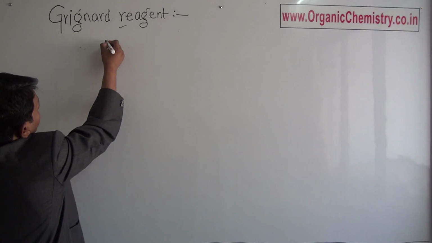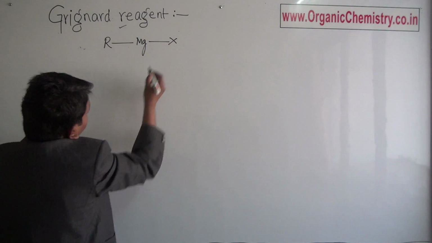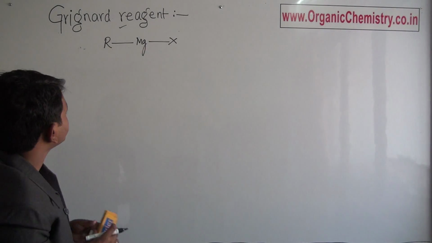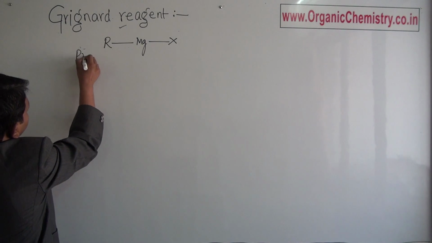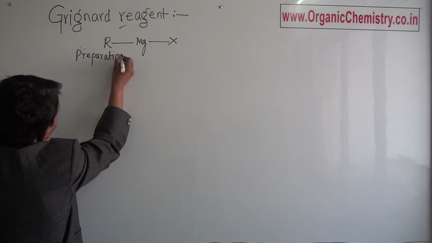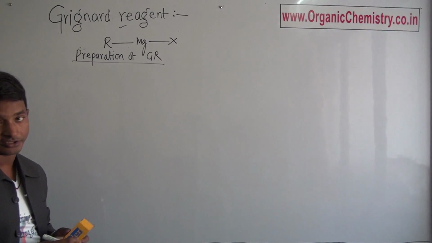As I told you, Grignard reagent is RMgX. So first, preparation of GR. GR means Grignard reagent.